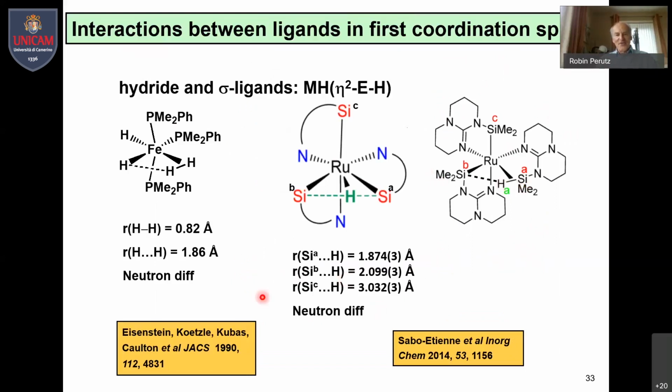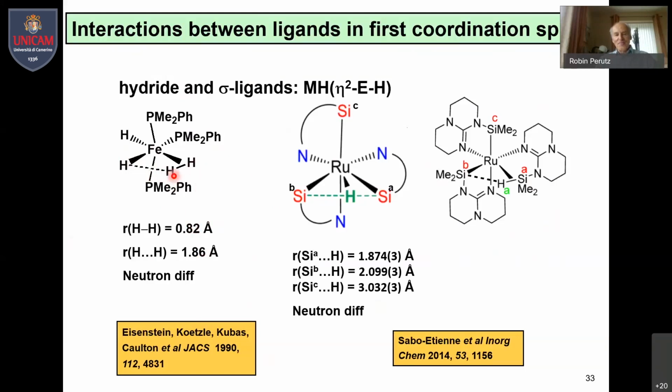So here are 2 examples. We'll start at the left here with the iron. This is one of the early examples. And here we have an iron with 2 hydride ligands and a dihydrogen ligand. And the other 3 ligands are phosphines. And what we see in the neutron diffraction structure is that there are 2 quite different interaction lengths here.